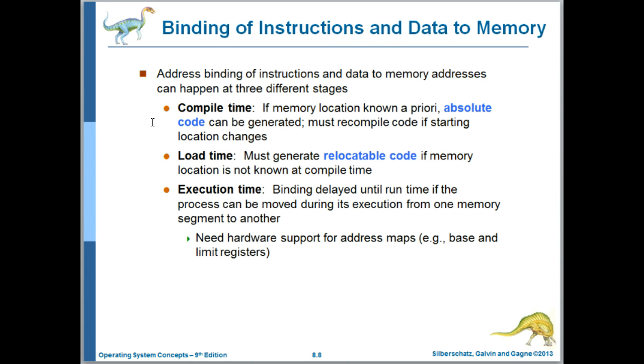Link time binding would also be a type of generating absolute code. And finally, if the program can be moved while executing, then we are performing binding at execution time, and that needs hardware support, as we'll see momentarily.